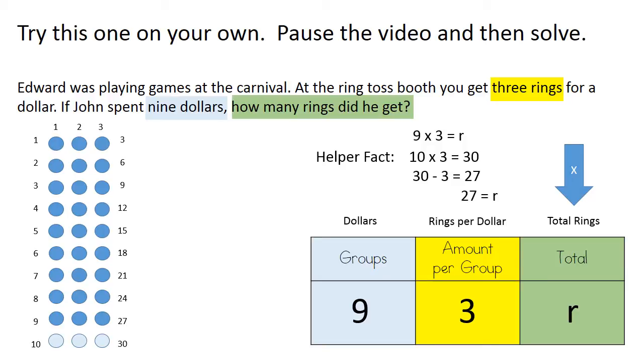There are many different ways to solve these problems. This is just one example of how to solve it. As long as you show your work, you should be good.